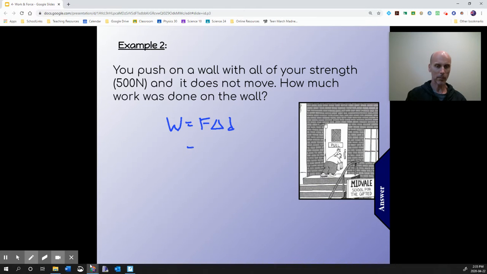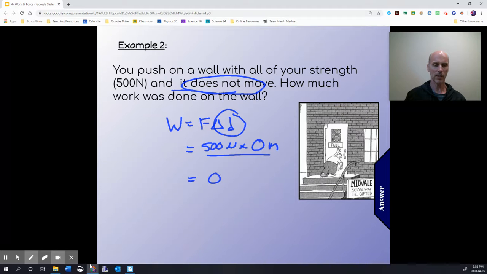Work is equal to 500 newtons multiplied by, now, what is our change in position? Oh, should have seen this. It does not move. So if it doesn't move, it's 0 meters. And 500 times 0 is 0 joules of work done. So no work is done if we do not move the wall at all.